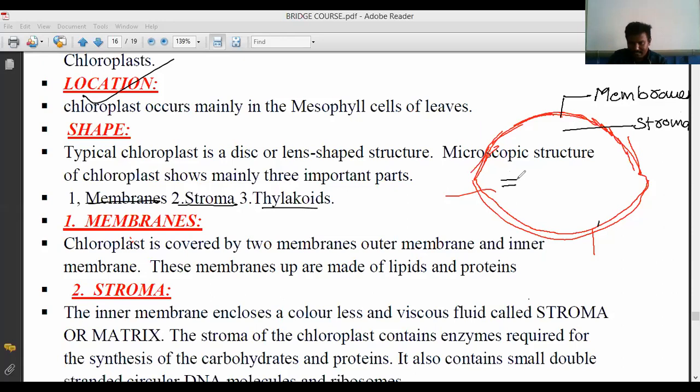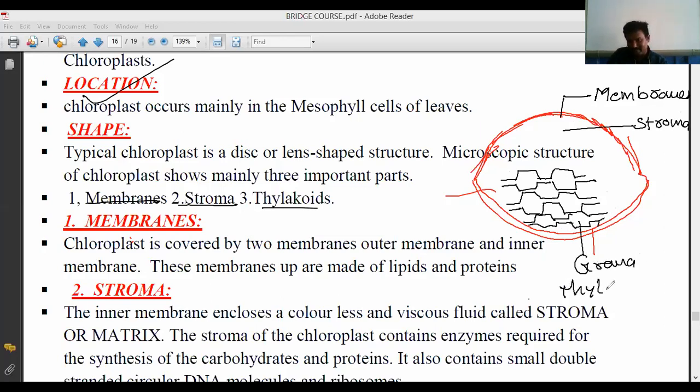Inside, there are sac-like structures located one above the other. These are called grana or thylakoids.